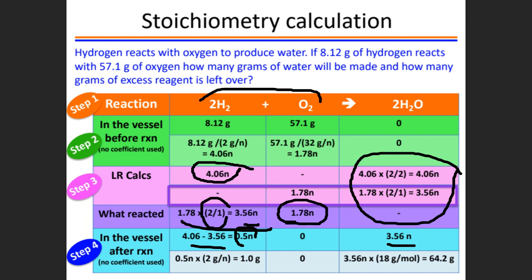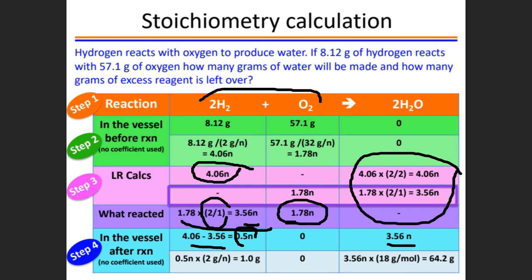After the reaction, we have this amount of water. We cannot use the coefficient after the reaction, because we have 0.5 mole and 2 gram per mole. Here we go, because it is left over. So after the reaction, we have this amount in gram left over, and this is the amount of product we have.